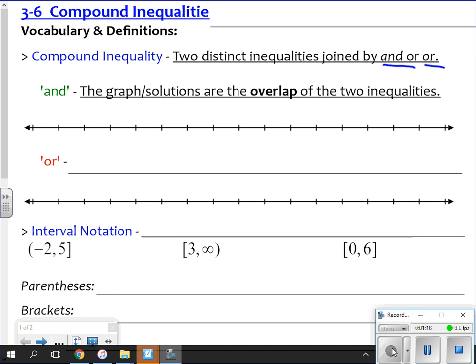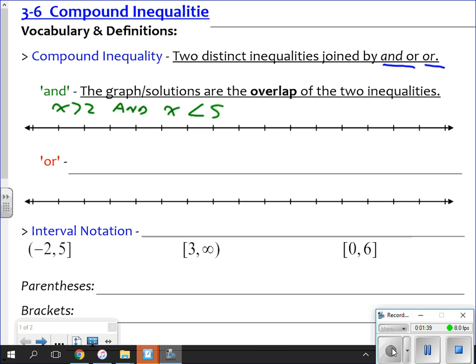So in the and, you have two possibilities. You could either have something like x is greater than 2 and x is less than 5. That means whatever number I have has to be greater than 2 and less than 5. And it has to meet both of those conditions.